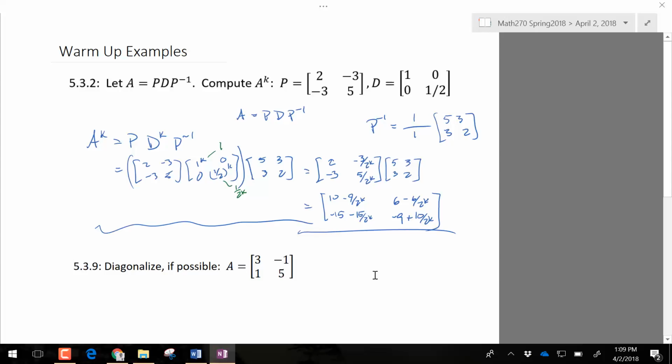Diagonalize this if it's possible. And remember the steps for diagonalization. Step 1, find the eigenvalues. Step 2, find the eigenvectors. Step 3, make up your P using the eigenvectors. And then step 4, write your diagonal using your eigenvalues. So a couple minutes on this and see what you get.